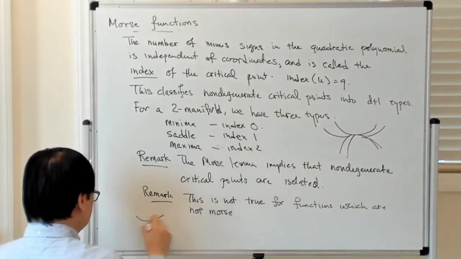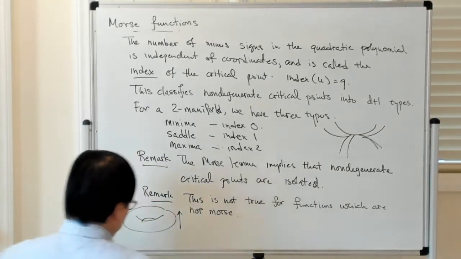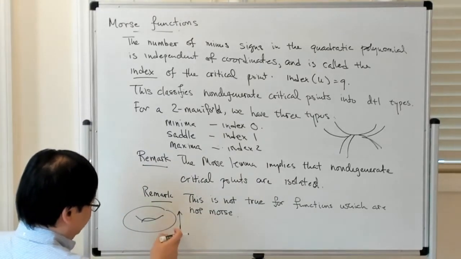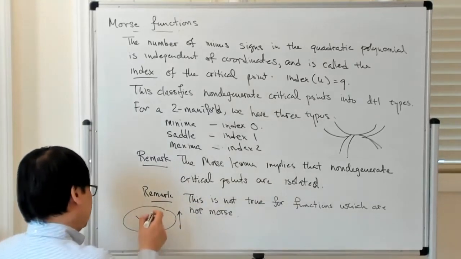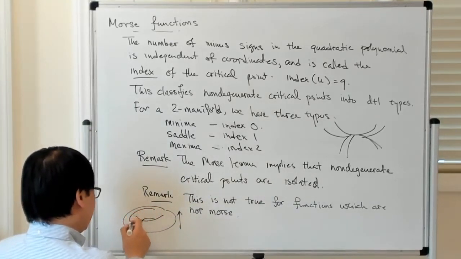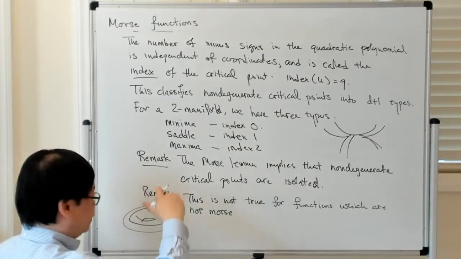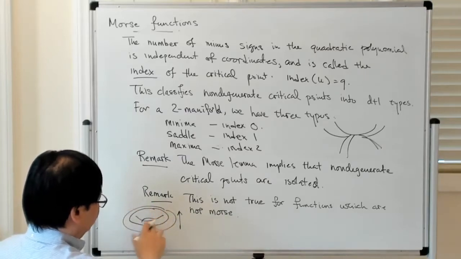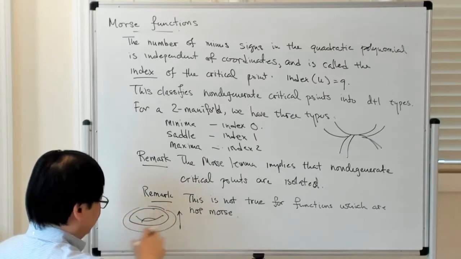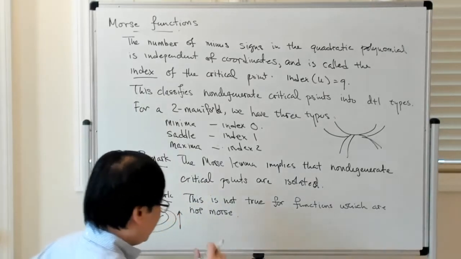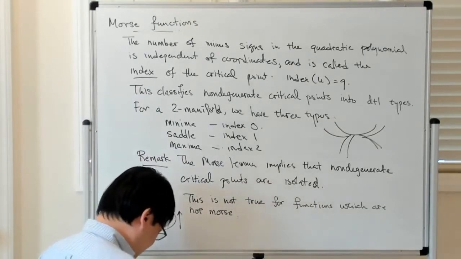The simplest example is, again, the height function for the torus, where the torus is lying flat on the surface. You know that there's a critical value which corresponds to the top of the donut, but that set of critical points is not isolated. There's this ring of points which all have this critical property, but they're degenerate, okay?